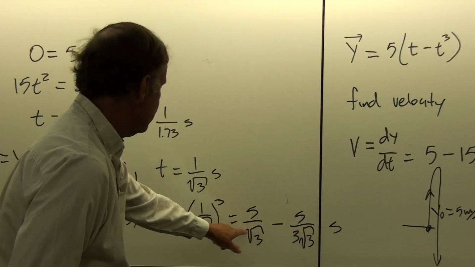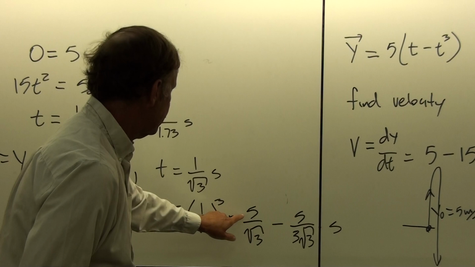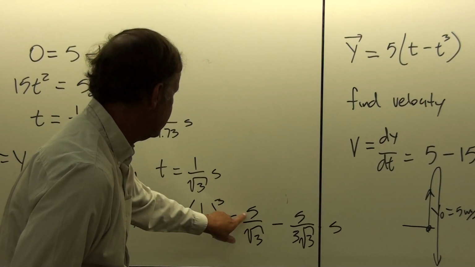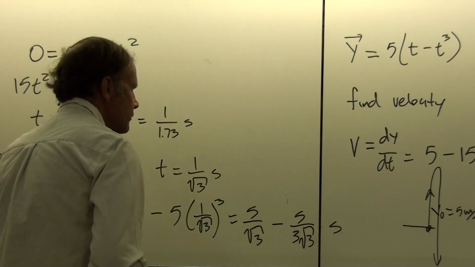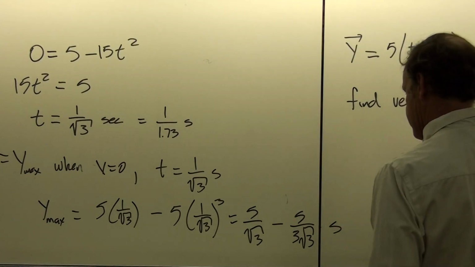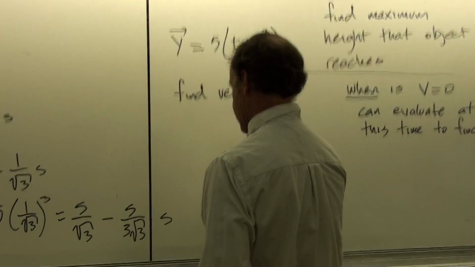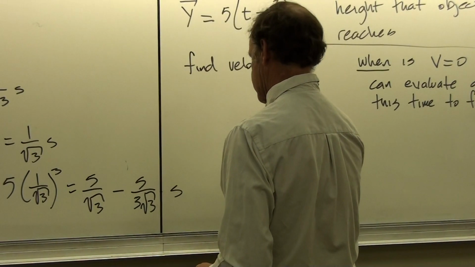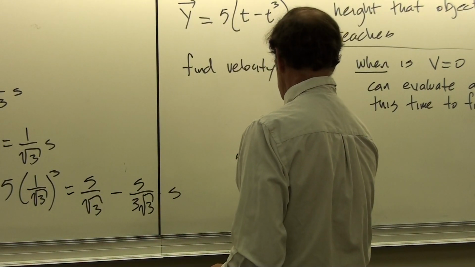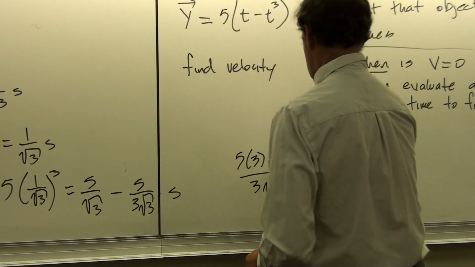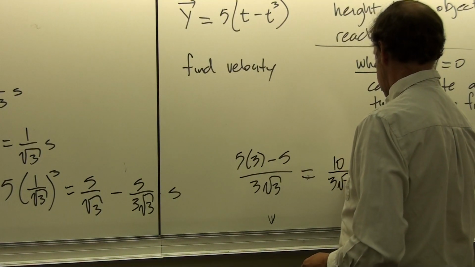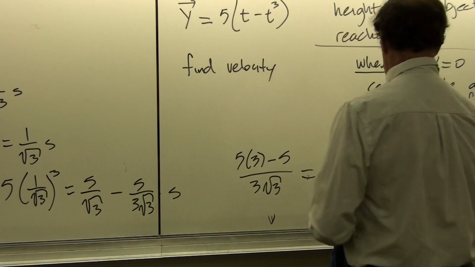And so clearly then, we could put a lowest common denominator of 3 square root of 3. So this would give us 5 times 3 minus 5 over 3 square root of 3. Or 15 minus 5 is 10 over 3 square root of 3. That would be in meters.